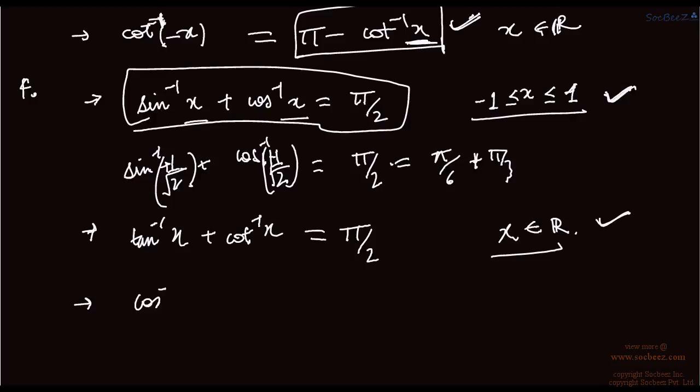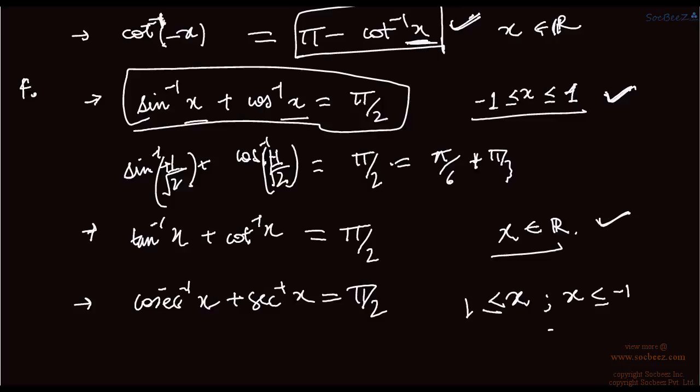The third property will be about cosec inverse and sec inverse, because they share the same domain, which is x greater than or equal to 1 and x less than or equal to minus 1, or you can say just mod x is greater than or equal to 1.